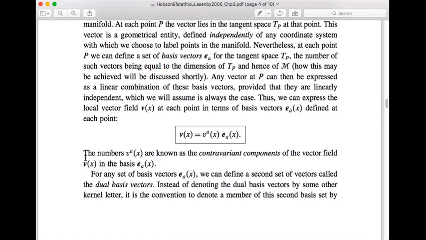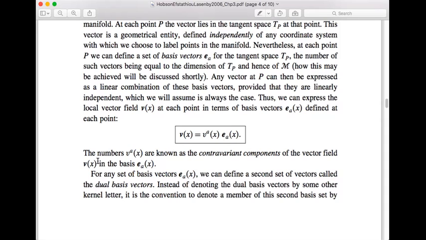So in a sense, this is very familiar. We're just saying that a vector is a linear combination of the basis vectors. The notation is new. The summation convention of Einstein is new. And the really new thing for you is that these basis vectors are changing with position in the manifold. That's the really new thing that I've introduced to you today.